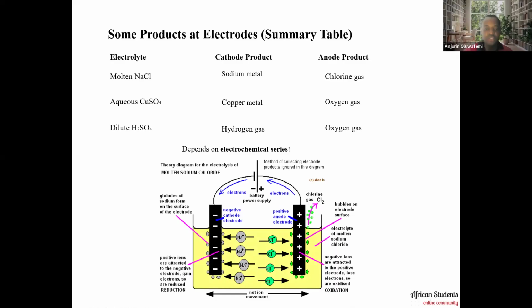Okay. All right. So I'll move on now to looking at factors that affect the products that will be deposited. First, the type of electrolyte: is it molten or aqueous? So the type of electrolyte is a factor that affects the products. Secondly, concentration of the ions.